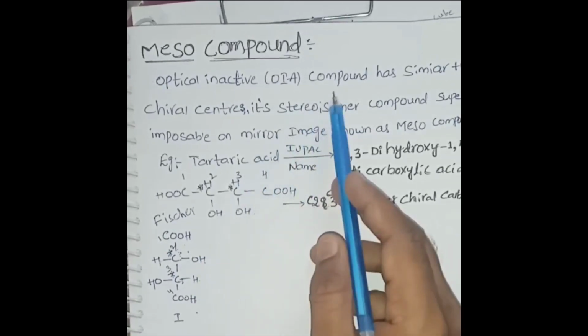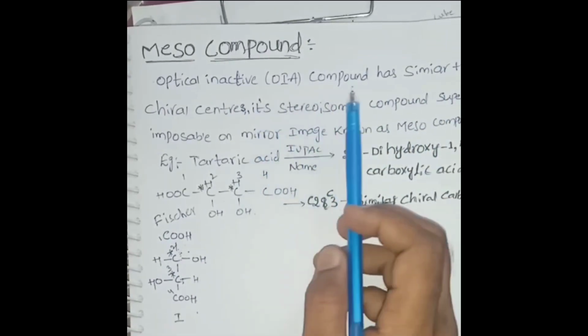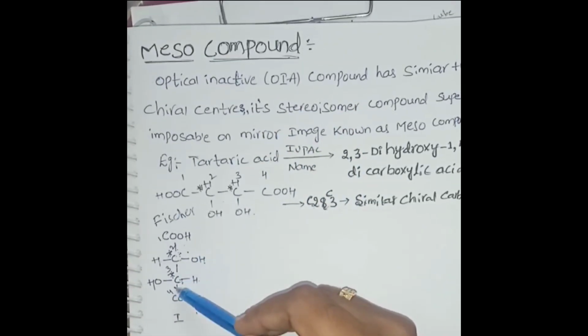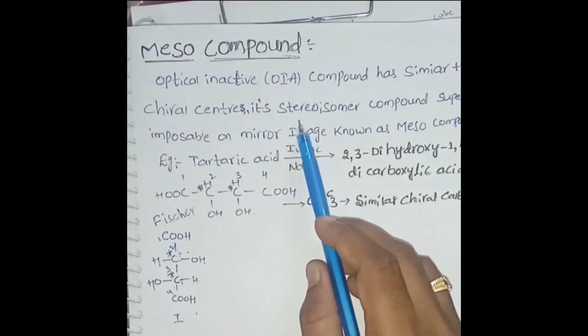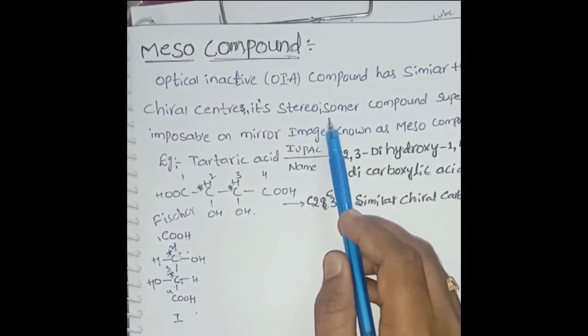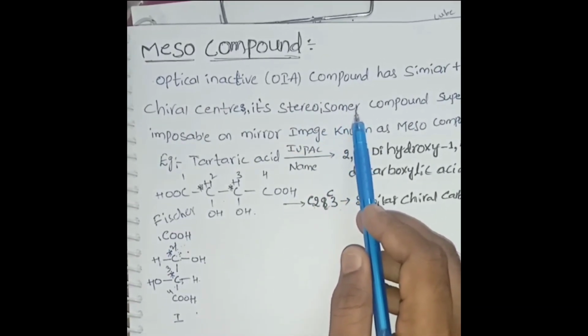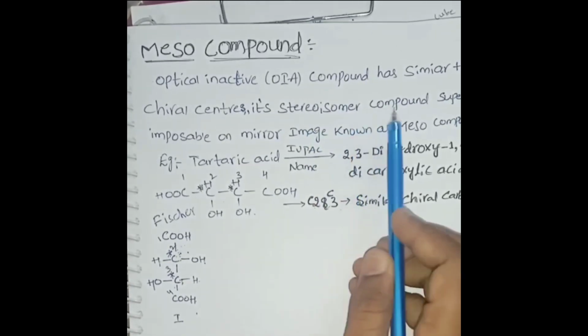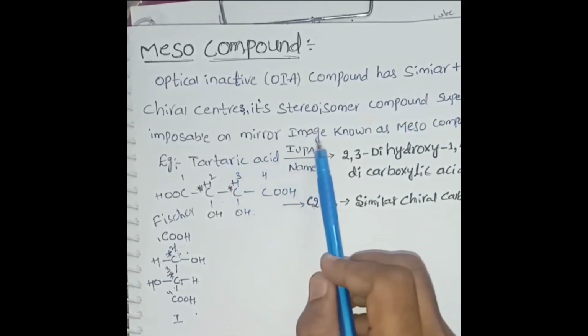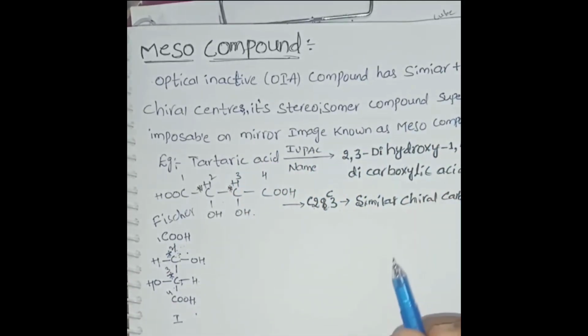This tartaric acid is optically inactive, as it has two similar chiral centers and its stereoisomer. Stereoisomer means rearranging atoms or groups in a compound forms its corresponding stereoisomer, which is superimposable on the mirror image, so that is a meso compound.